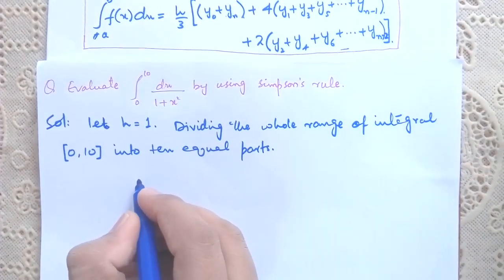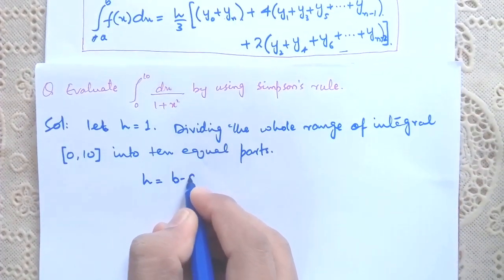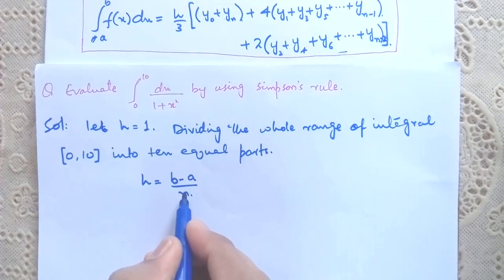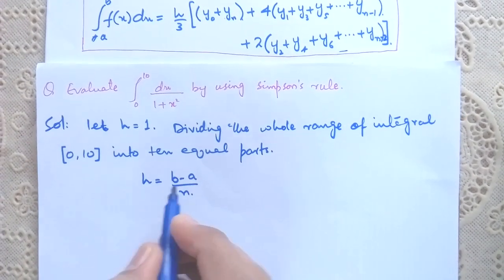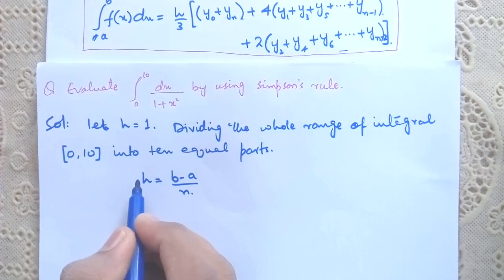Or you can use the formula h is equal to (b minus a) upon n, where n is the number of subintervals and h is the length of a subinterval.